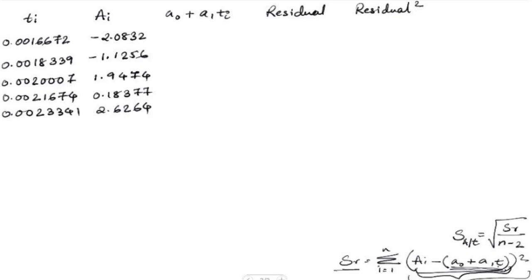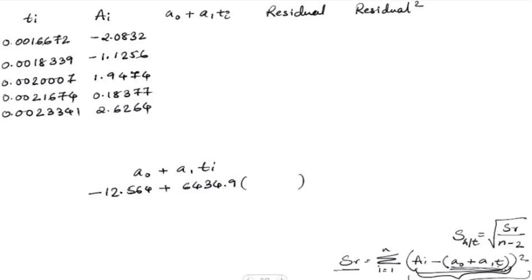So you already know the value of a0 plus a1 times t. So just for the timing, I'll write it down here, but then I'll erase it later on. So for a0 plus a1 times ti, a0 is minus 12.564 plus a1 is 6434.9 times ti.